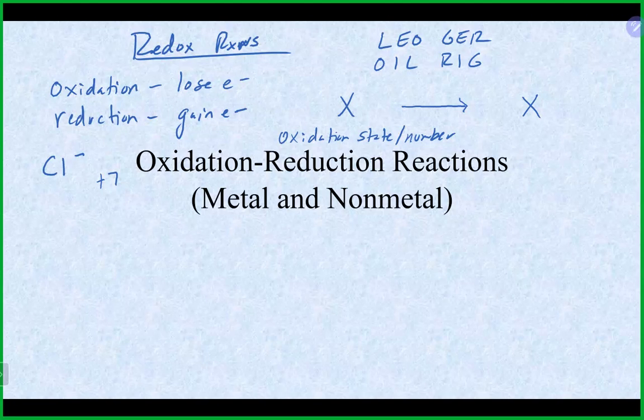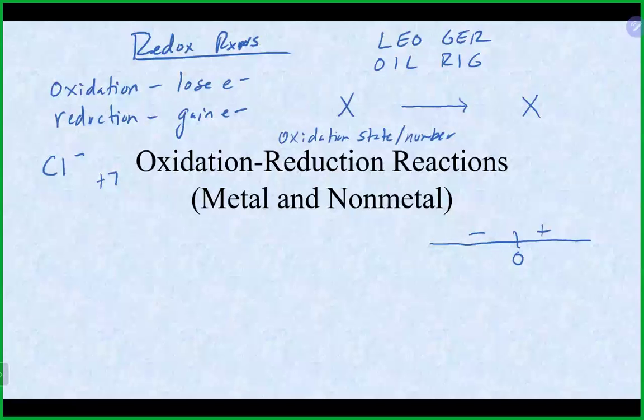One way you could determine if something's being oxidized or reduced is a very simple number line approach. On a number line, there's 0, then to the right are positive numbers, and to the left are negative numbers. When somebody loses an electron and goes through oxidation, they become more positive because they have fewer electrons and more protons.